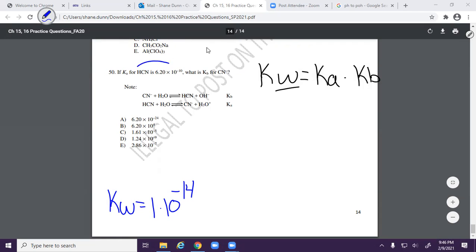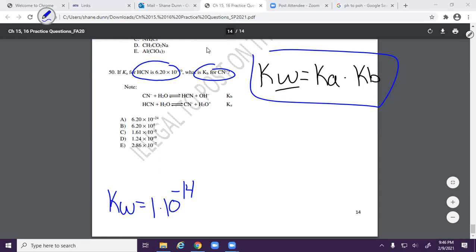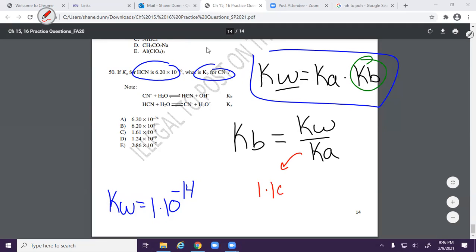If you are given a Ka value and asked to find a Kb value, you know that Kw is equal to Ka times Kb, so you can just plug this in. I'm solving for Kb. So Kb is equal to Kw divided by Ka, which is the same thing as saying 1 times 10 to the negative 14th divided by 6.2 times 10 to the negative 10th.